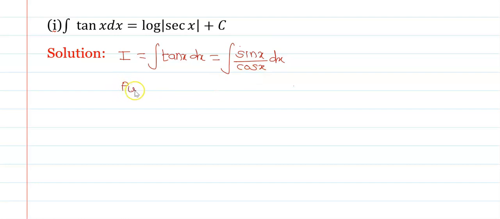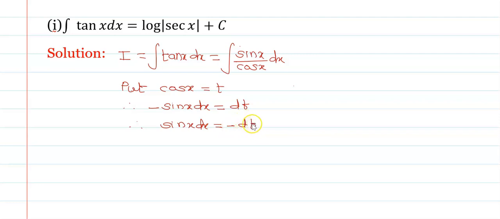Put cos of x is equals to t, differentiate it with respect to x, and therefore here you will get minus sin x into dx is equals to dt, and therefore sin x into dx is equals to minus dt.